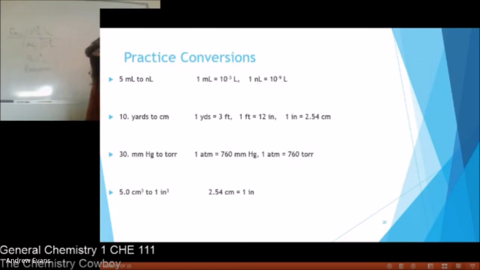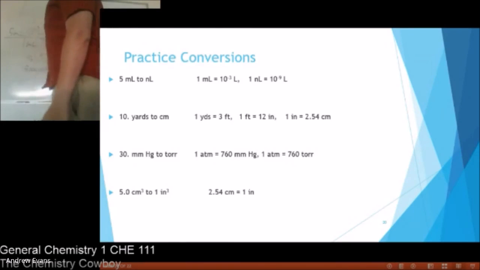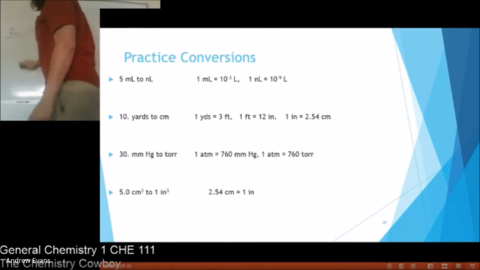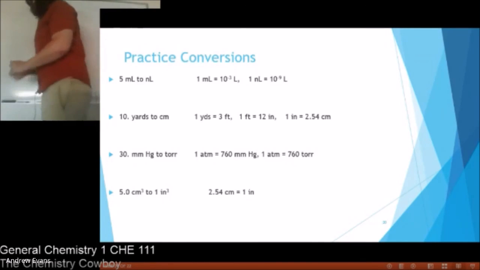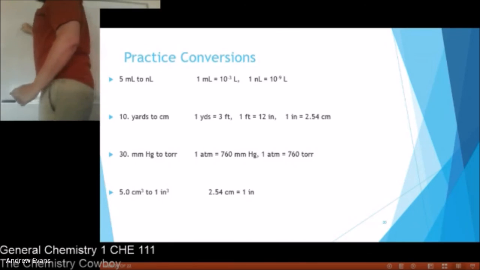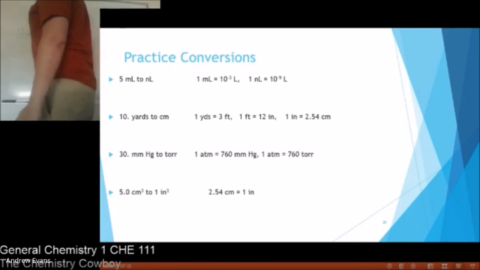10 yards to centimeters. We've kind of already done this, but we'll do this version. Set it up. 10 yards. We want yards per foot, so we want yards on bottom. Feet per inches, so we want feet on bottom.